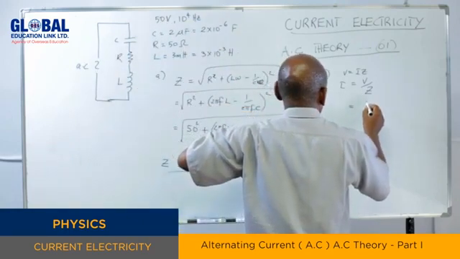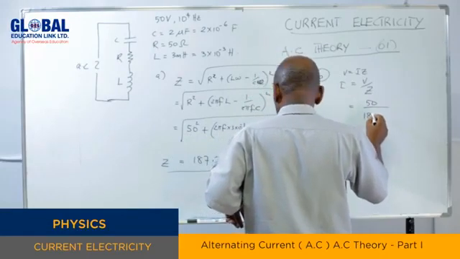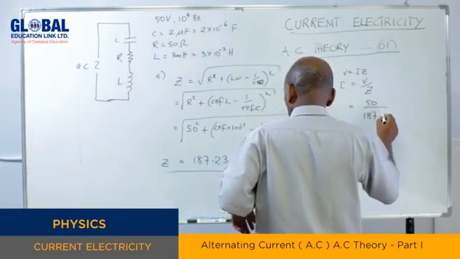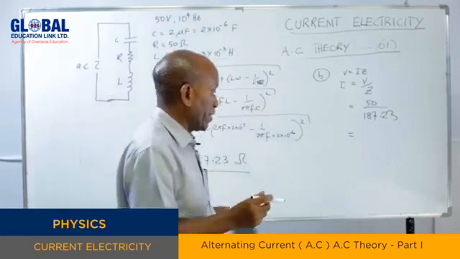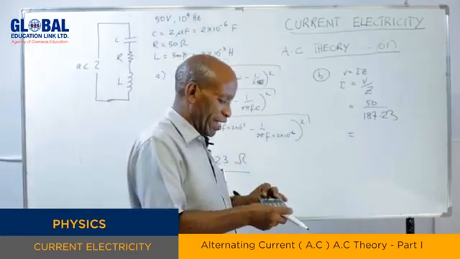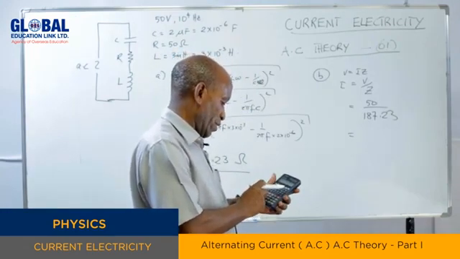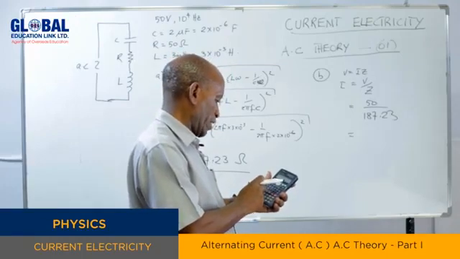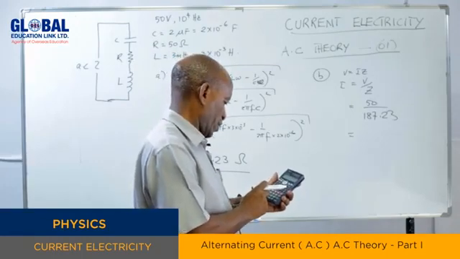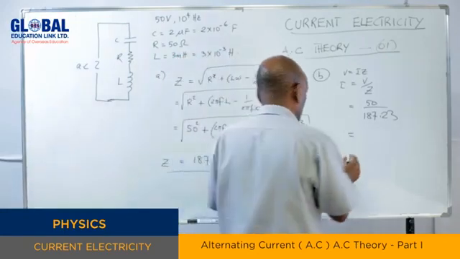That will be equal to 50 over 187.23. This gives you the value of the current in amperes. You take 50, divide by the total impedance, 187.23, and you get the current, which is equal to 0.267.